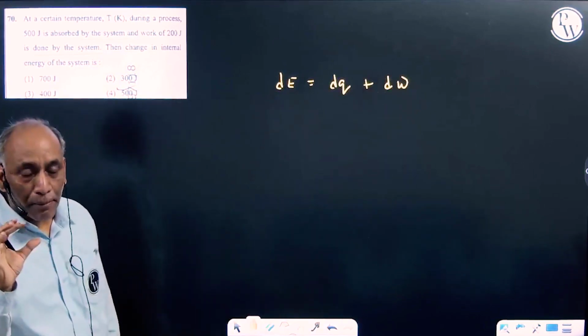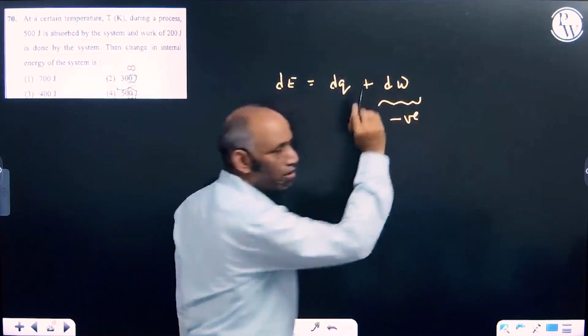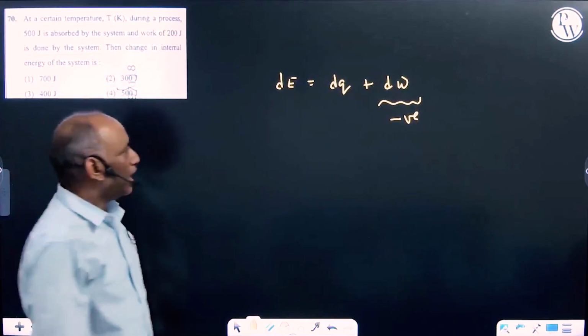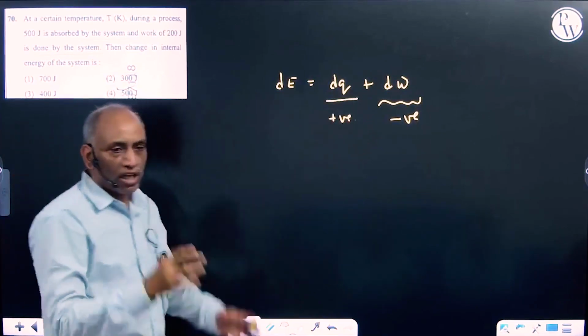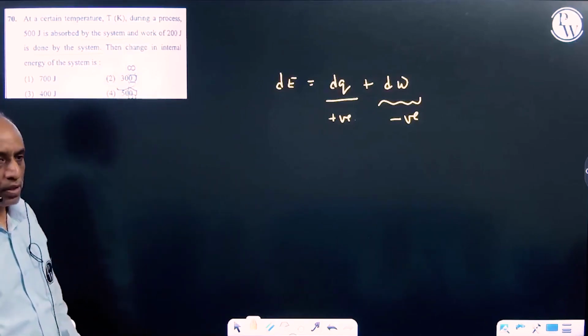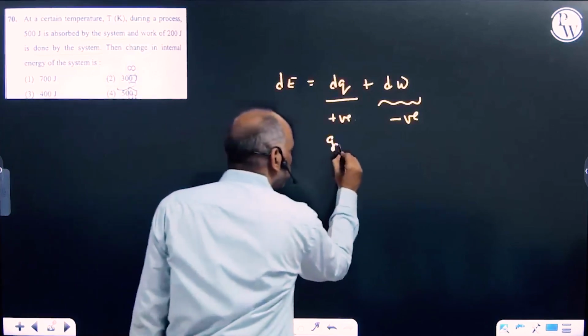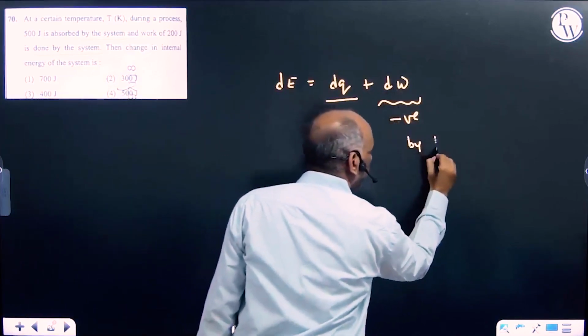Work done by the system, you will take it as negative as per IUPAC convention, and heat given to the system, you will take it as positive. So this is heat given to the system and this is work done by the system.